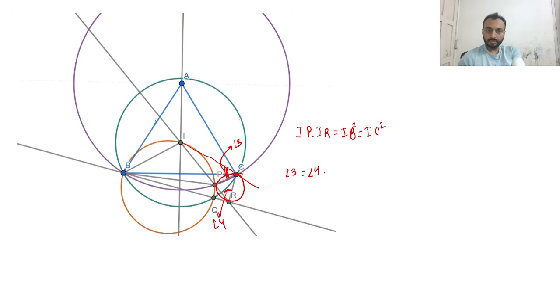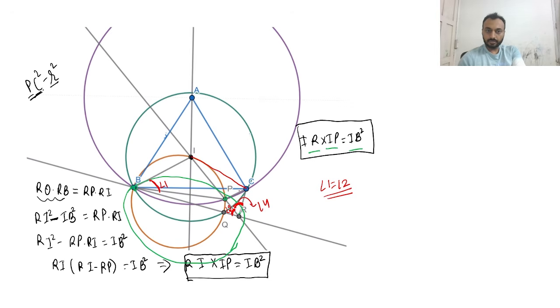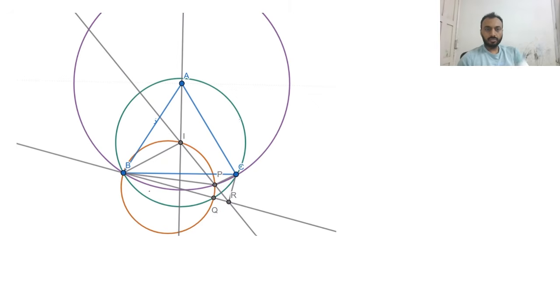Angle 3 is this one. You can draw it here also. Right? So if we somehow prove that angle 1 plus angle 3 is 90, then we are done, as our angle R is equal to angle 1 plus angle 3. So angle 1 is made from these two parts, and angle 3 is made from these two angles, right?